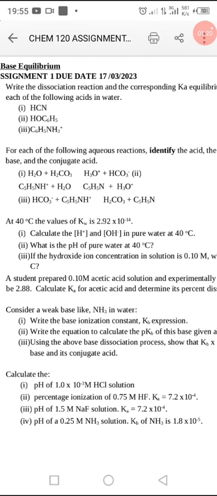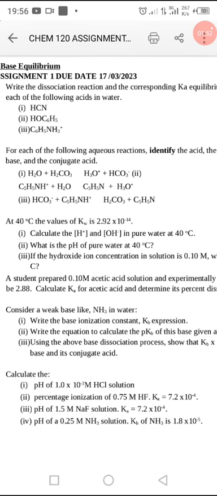Our data says we have got our Kw, which is the ionization constant of water, 2.92 times 10 exponent negative 14. In the same question, we also have to calculate the concentration of hydrogen ion and the concentration of hydroxide ion.